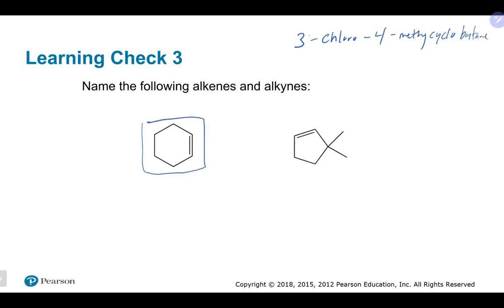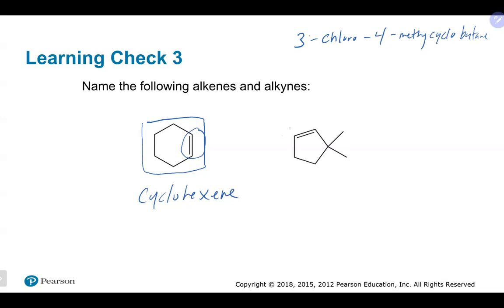Cyclo, let's do, so the entire thing, 6 carbons, so cyclohexane. We have a double bond, so it's going to become cyclohexene. Again, no need for the number as it's always considered carbon number 1.